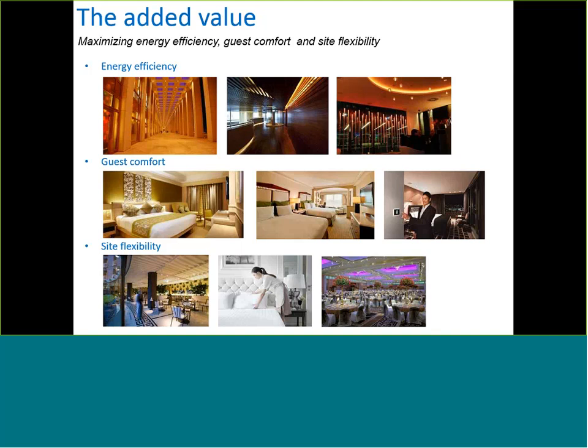We're also looking at site flexibility, and this is a way of managing the staff. But from an energy efficiency perspective, we are back to monitoring and also scheduling of the lighting control. So we're able to turn off the lights in a scheduled manner and also monitor the artificial daylight coming in and adjust the lighting accordingly.